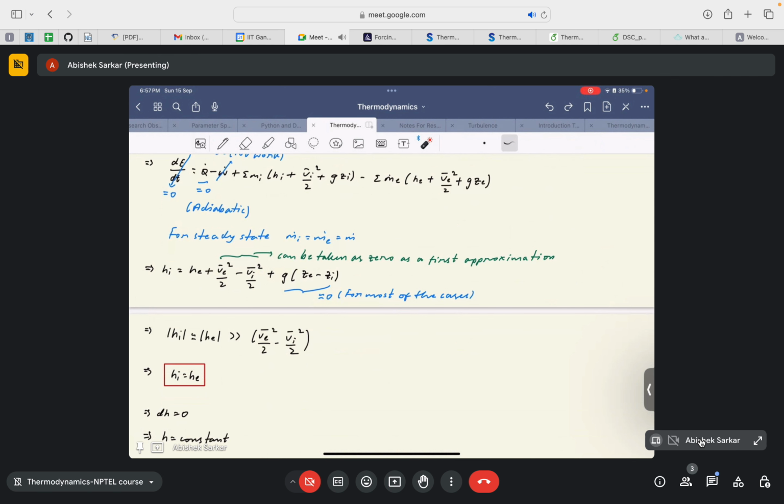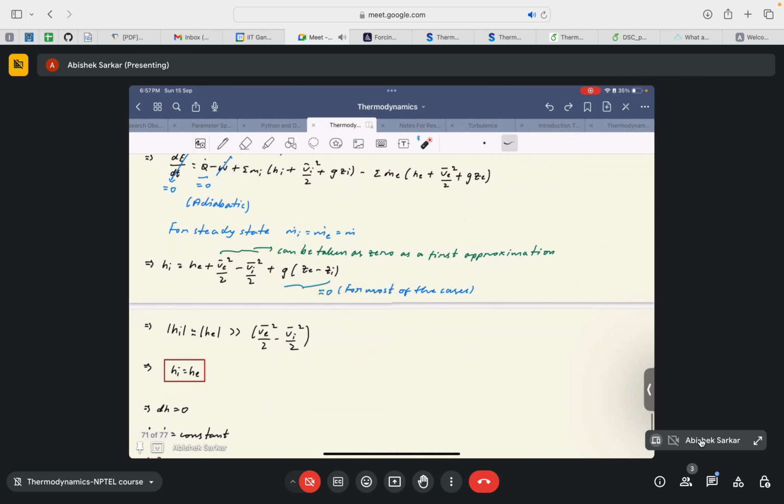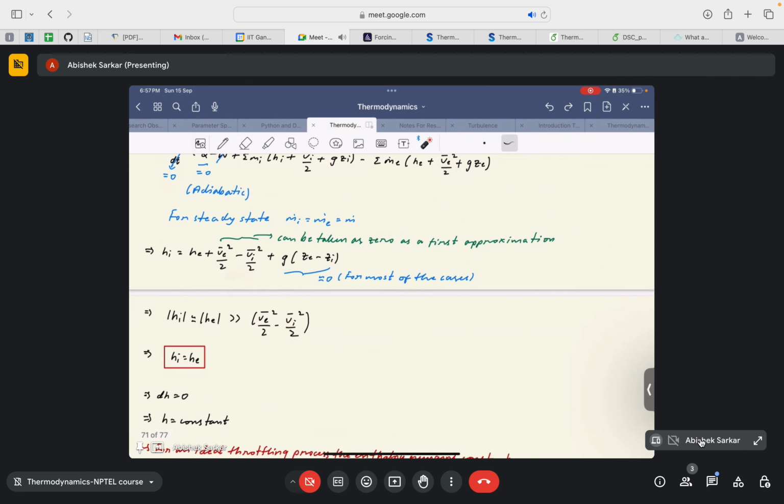Moreover, for further simplification, if not specifically mentioned in the process, we can take the net change in the kinetic energy of the flow to be almost equal to 0. I am not saying that this is equal to 0, but the magnitudes of the enthalpies h i and h e are much greater than the net change in the kinetic energy.